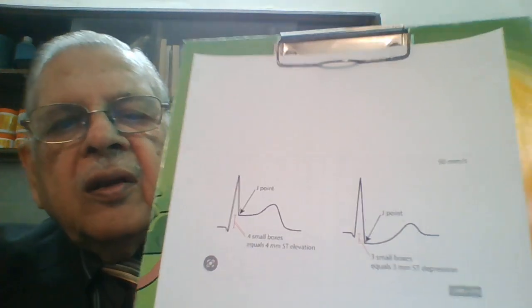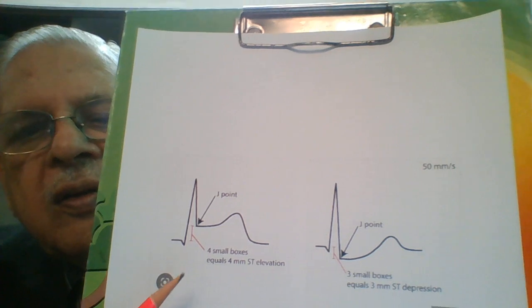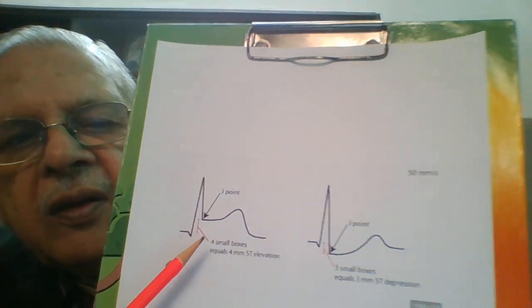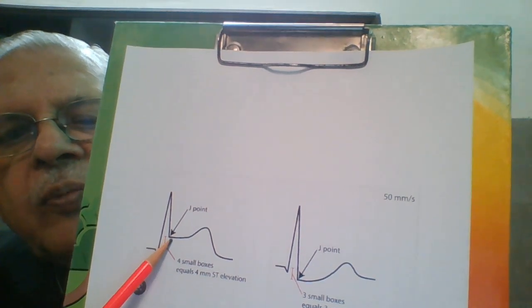To make it more clear, I show you another ECG, part of an ECG, I should say. See, this is, what is this? He is trying to show the J point.